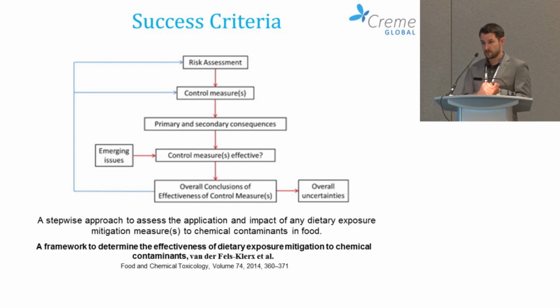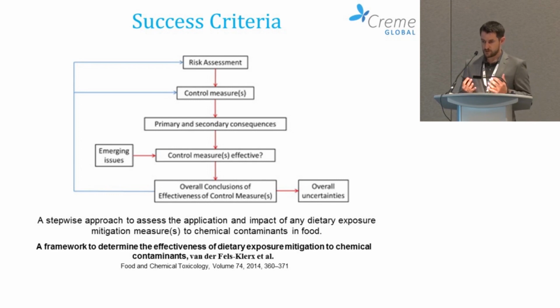One of the case studies we looked at was done in cereals. And this is the kind of flowchart we came up with. So you conduct a specific risk assessment, and you say, okay, we need to look at certain control measures. You need to then think about the primary and secondary consequences of those control measures. The primary consequence obviously should be a reduction in exposure, but you should be really upfront about how much that is. How is it actually going to make a meaningful impact on risk in human health, and will it improve human health?